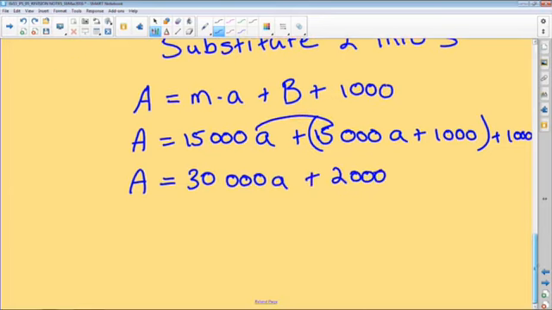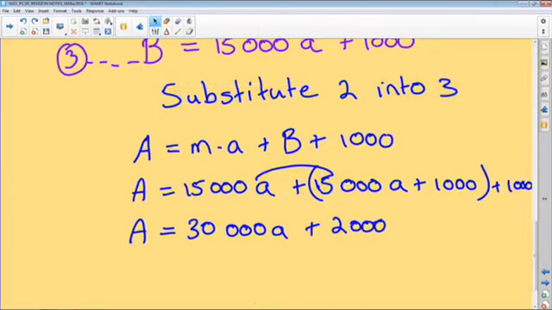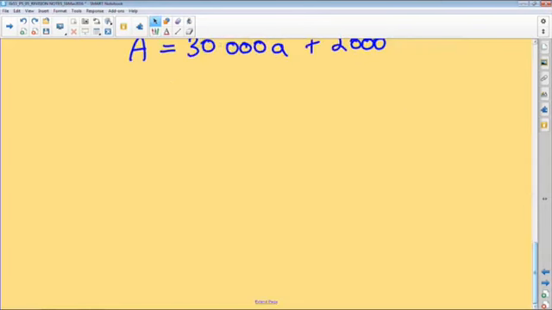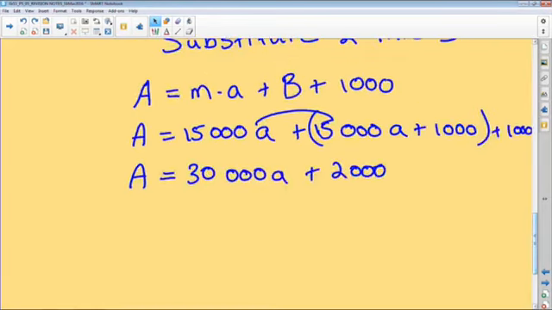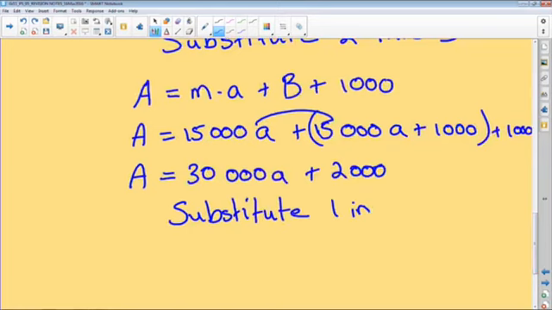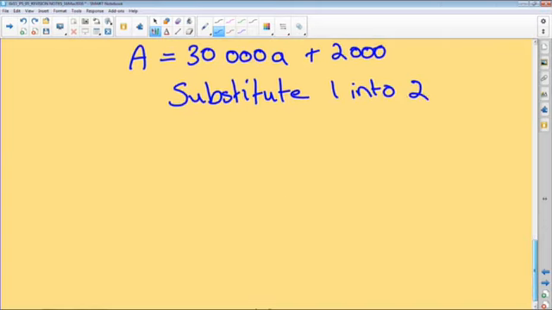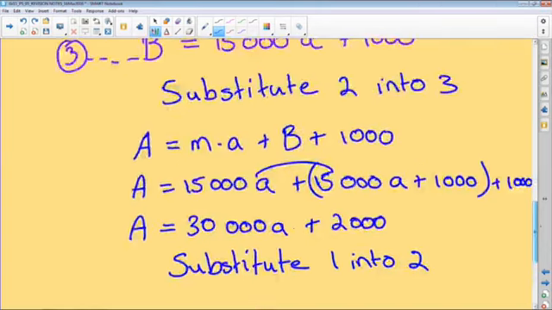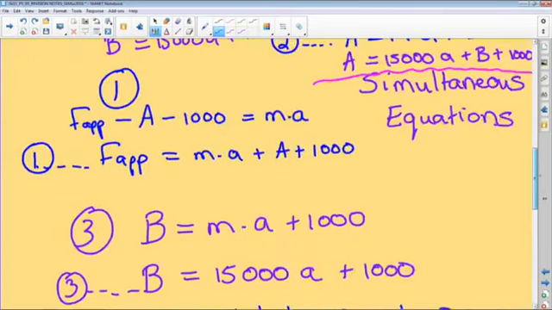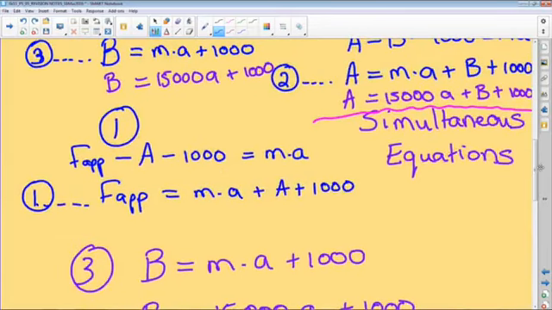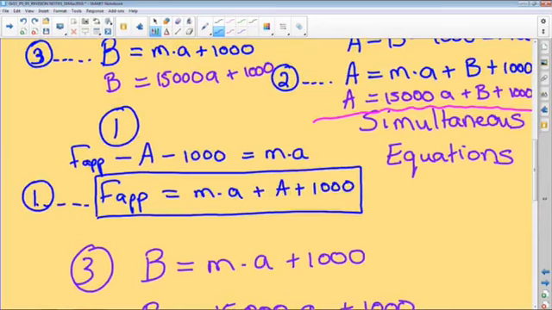So now the next step is we are going to substitute 1 into 2. So here we go. We're going to substitute 1 into 2. And as I get closer to the answer, I get more excited, and my handwriting is now terrible. Hopefully you can still read it. I'm looking for this equation here. My force applied equals mass times acceleration.